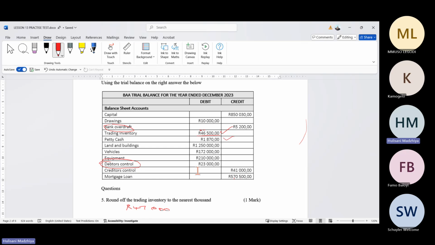So part of the assessment will require you to draft or list current assets based on the financial statement or the trial balance provided. Some of them will ask you to calculate the total value of current assets or current liabilities or non-current liabilities.